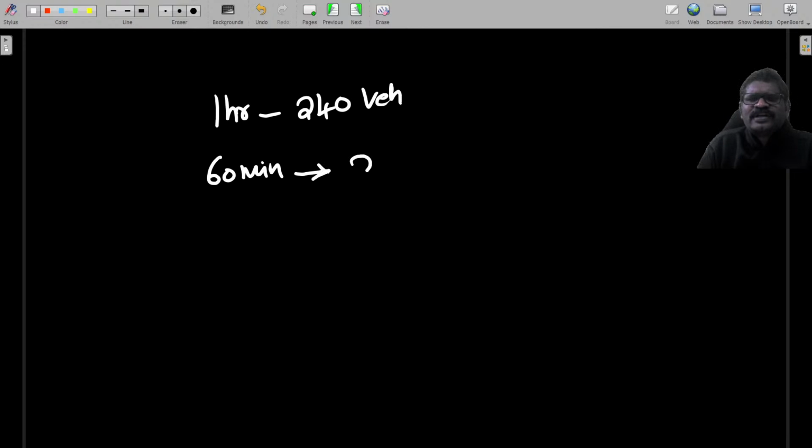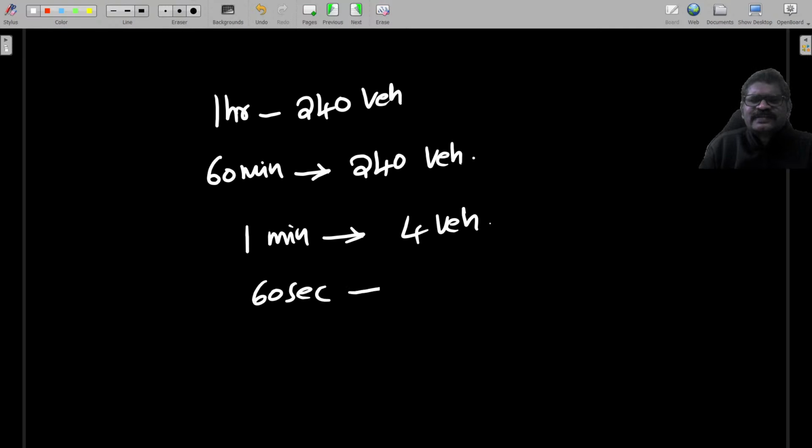Per 1 hour, that is 60 minutes, 240 vehicles are crossing. So per 1 minute, 4 vehicles. 1 minute is 60 seconds; for 60 seconds 4 vehicles means for 30 seconds 2 vehicles.